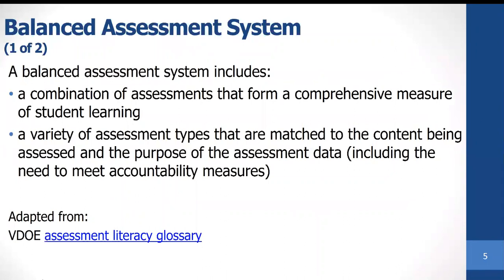In terms of documentation, the request was that those alternative assessments be documented in a balanced assessment plan for each of the courses where those tests were going away. Part of those guidelines included some very clear guidance around what a balanced assessment system includes. The point of all of that, I think it's really important to understand, is emphasizing the balance in that assessment system. It's a combination of assessments that form a comprehensive measure of student learning.